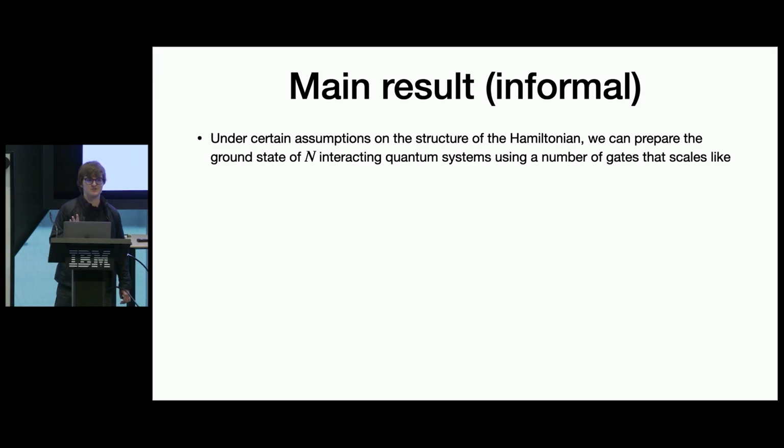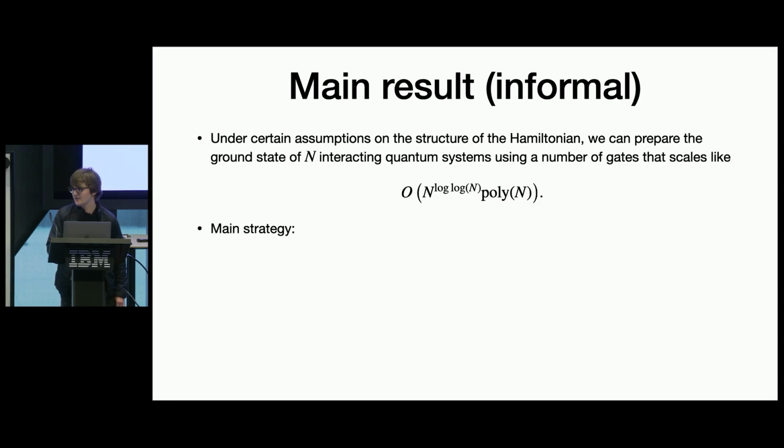And assuming that our Hamiltonian satisfies these properties, then we can show that we can prepare the ground state of n interacting quantum systems using a number of gates that scales quasi-polynomially. So in the best case scenario, we can show that it scales like n to the log n and then some poly n factor. Whereas, right, for the Vleck catastrophe, you would expect a scaling that scales like, say, 2 to the n.